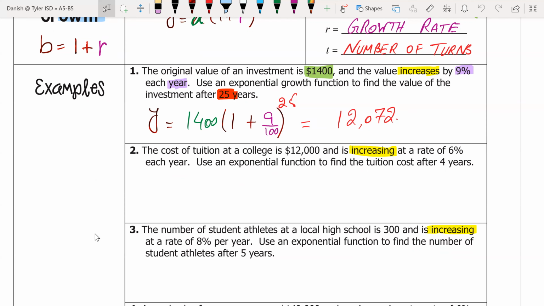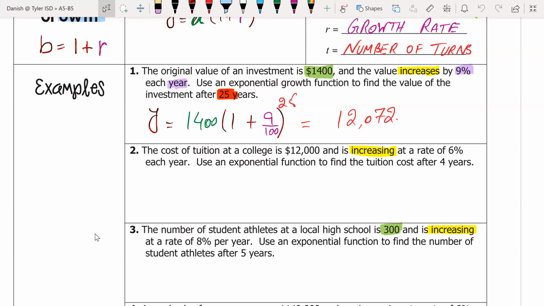What do you think is the 300? 300 is A, exactly, good, because that's the initial value. So 300, I'm highlighting it in green. We will replace the A with the 300. Increasing at a rate of 8%.